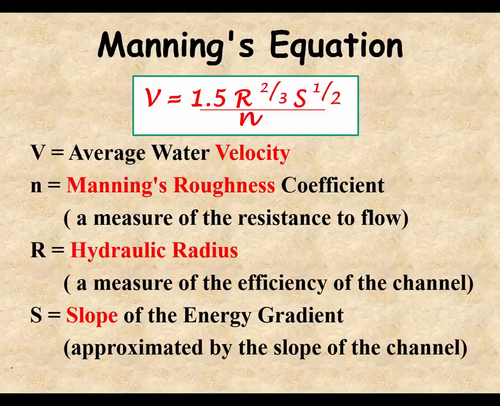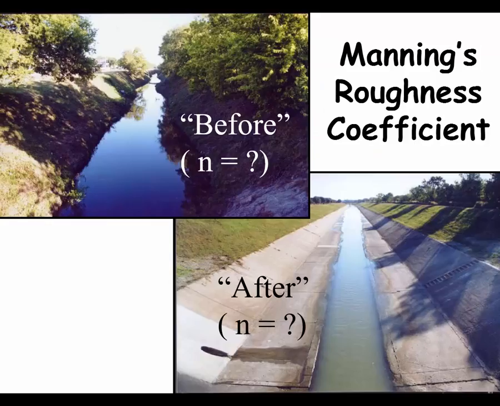That's proportional to the kinetic energy, the velocity head. And we're going to approximate the slope of the channel, or the slope of the river surface, to the velocity head. And that's going to be true for uniform flow. Strictly speaking, that'll vary. But as an average, that's what we can think about.